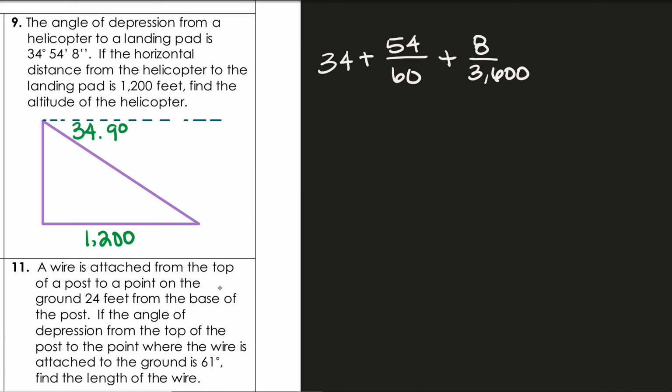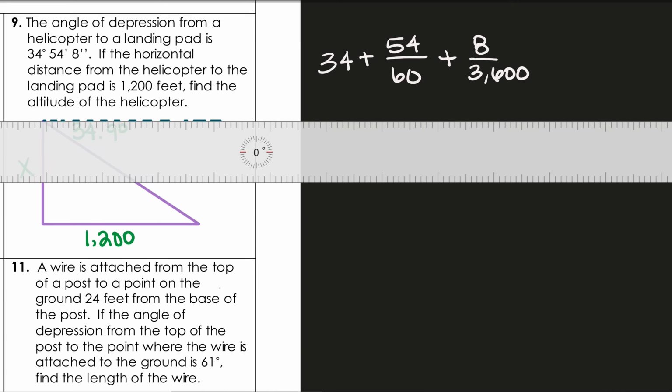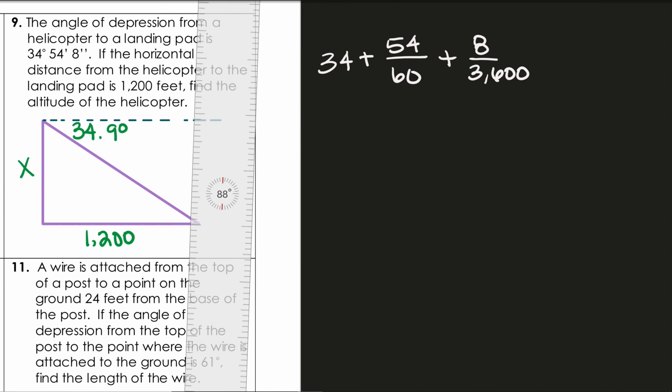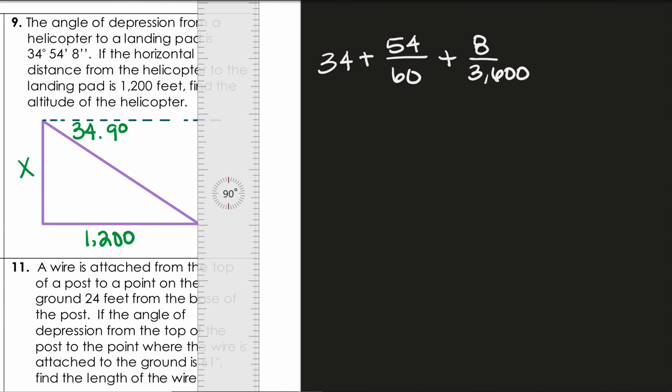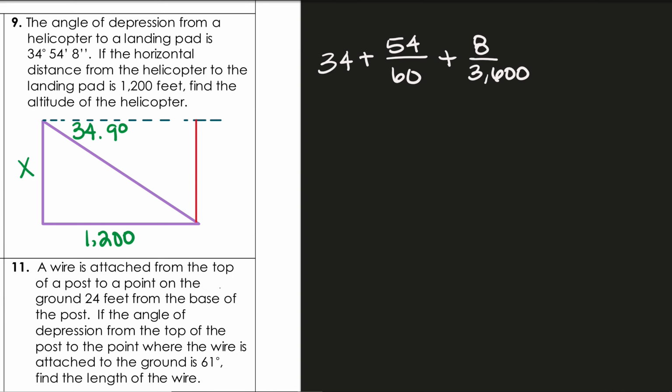So I'm looking for the altitude here. Now, the first triangle that I drew, you know how I drew the triangle upside down? The altitude on the left is obviously going to be the exact same as the altitude on the right. So you're still looking for the height here, and you could have just called this horizontal distance up here 1200. You could use either one. I'm just showing you how it works.